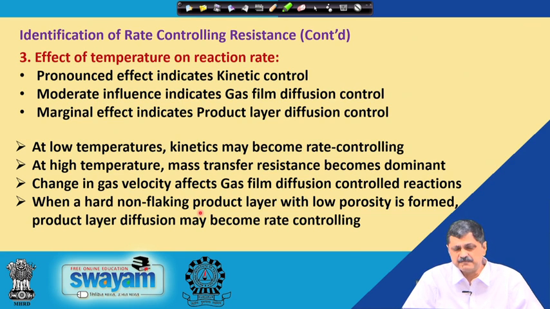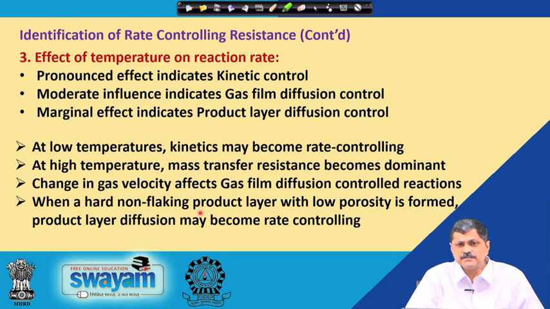If the effect is very marginal, then product layer diffusion control is possible, and if it is somewhat intermediate, moderate, maybe gas film diffusion control. Normally, it is seen that at low temperatures chemical reaction becomes dominant and rate controlling. At high temperature, of course, the mass transfer resistances become dominant.